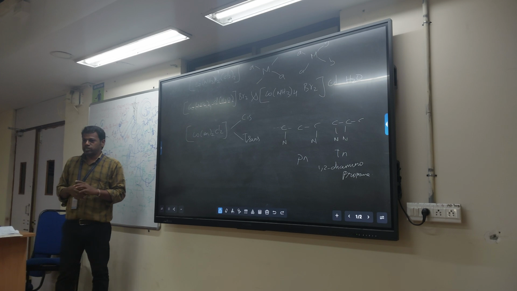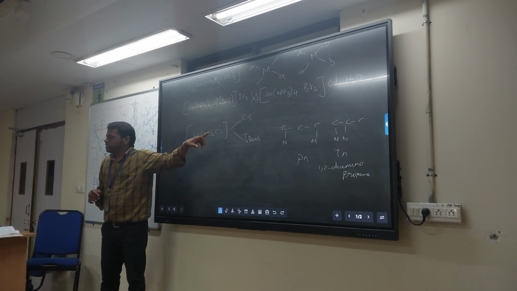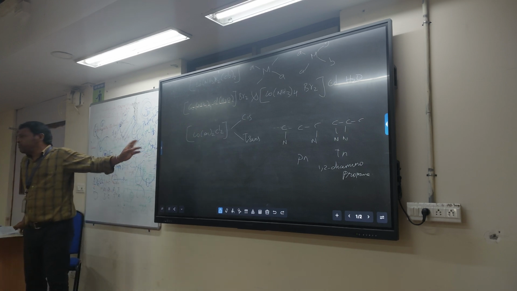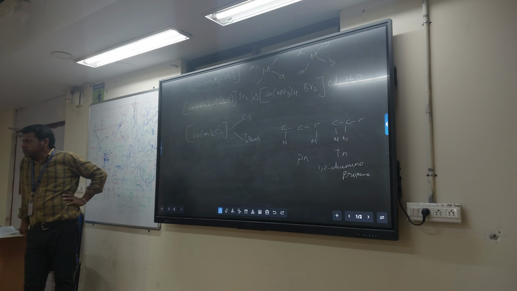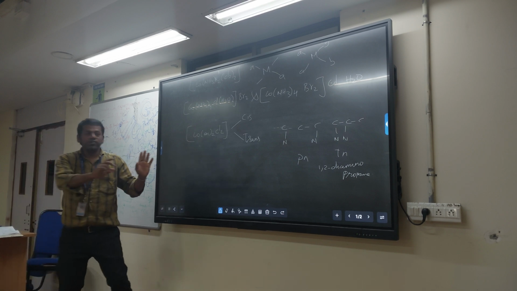Position they mentioned. Right. This [Co(en)2Cl2] forms cis and trans complexes. How do you identify cis and trans for this one? Only you see the difference.